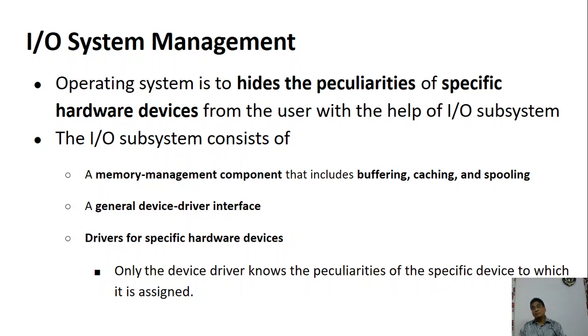In terms of your microprocessor, you know very well, your CPU or microprocessor works at extremely high speed. Your keyboard or your printer or your mouse cannot compete with the speed of the microprocessor. For the microprocessor, every device that is connected is very slow.